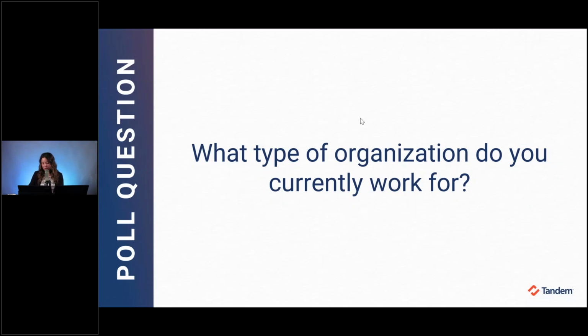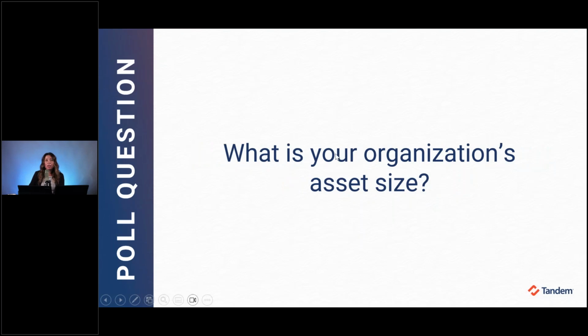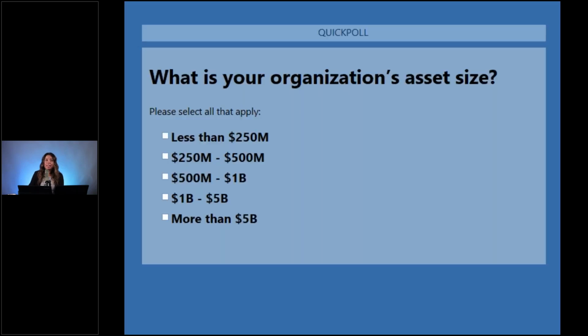One more question: what is your organization's asset size? Our answer choices are less than 250 million, 250 million to 500 million, 500 million to 1 billion, 1 billion to 5 billion, or more than 5 billion. We're seeing a lot in the 1 billion to 5 billion asset size, and also in the 500 million to 1 billion.